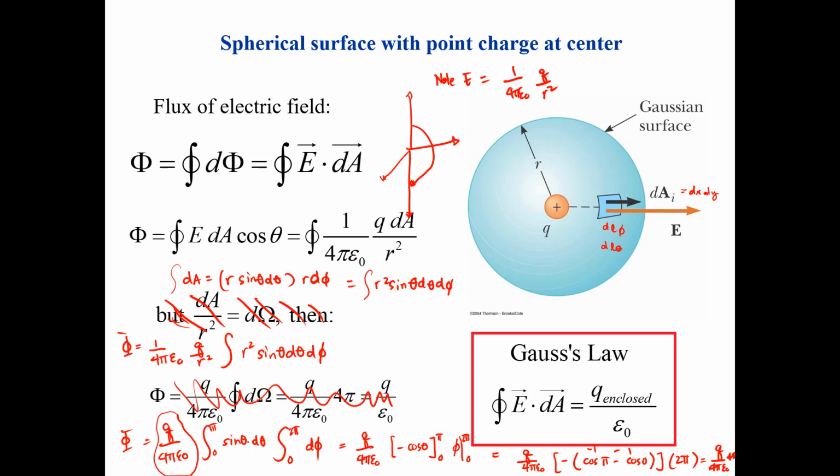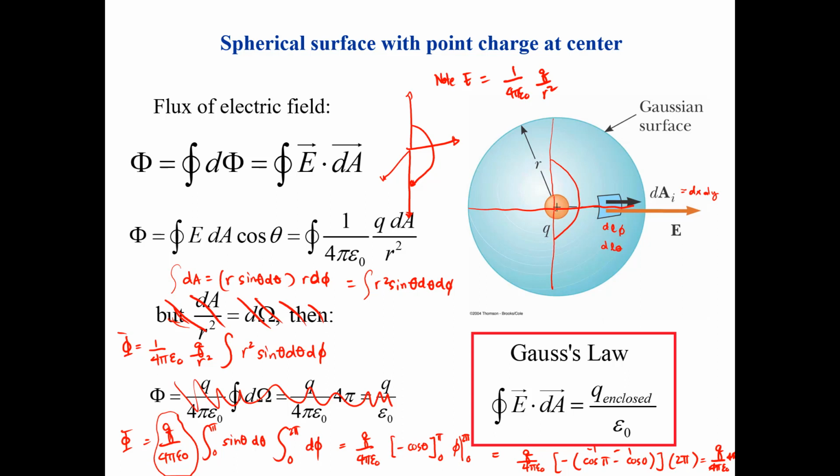Integral of sine theta d theta from 0 to pi. So take note that for spherical coordinates, your theta, class, only has this limit from here to here, from negative z to z.